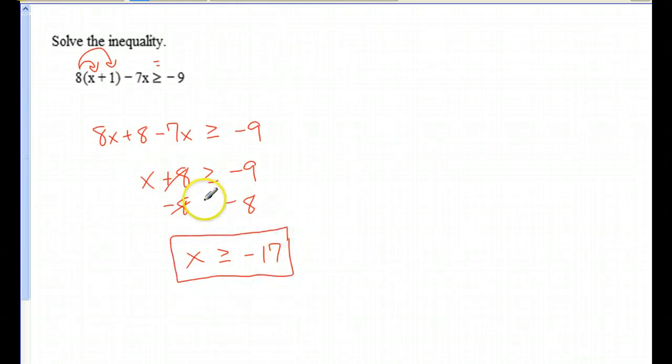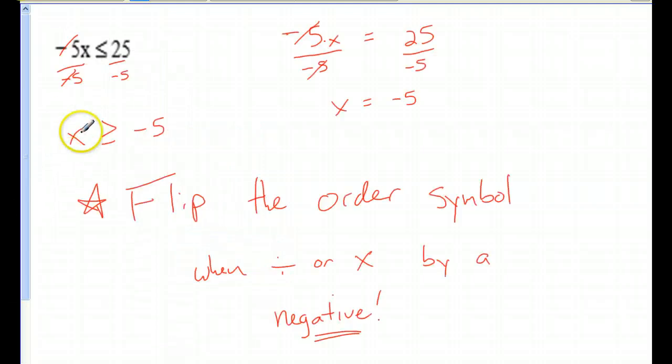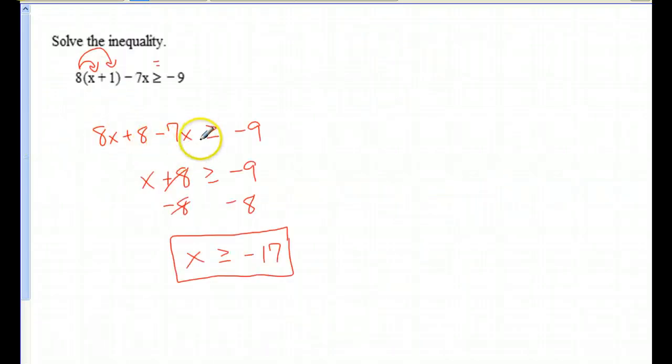Alright, now the difference between this and the previous problem is here, to get the x by itself, I divide it by a negative. Alright, so I flip the order symbol. But here, to get from where I started to where I ended up at this step, I subtracted. Alright, I subtracted 8. I did not divide by negative 8.